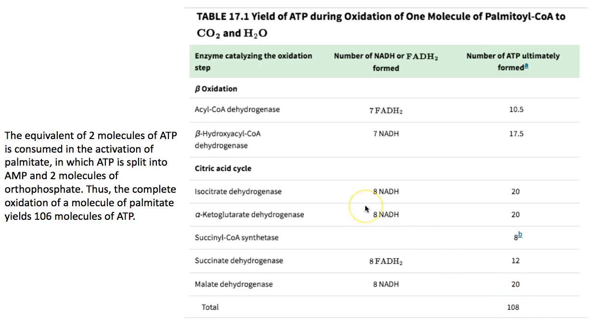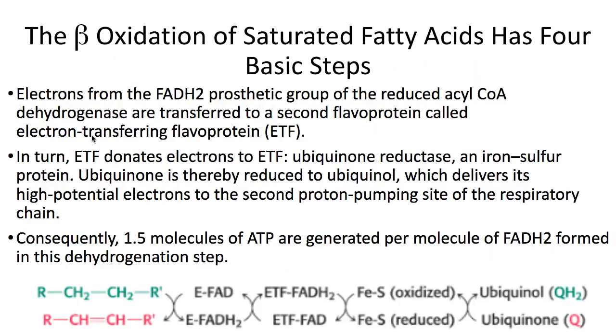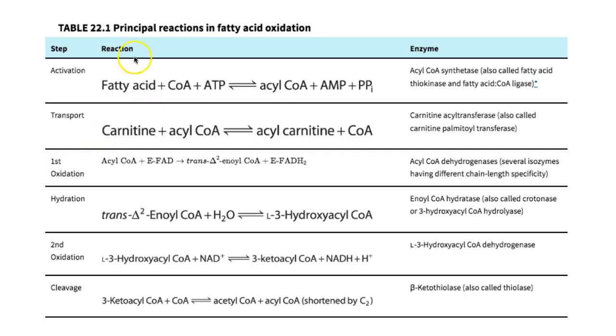But in order for the fatty acid to be activated, to be attached to coenzyme A, it actually needed two molecules of ATP. Remember, that was the activation stage. If we go back to this slide, talking about the fatty acids being attached to coenzyme A, it utilizes ATP.